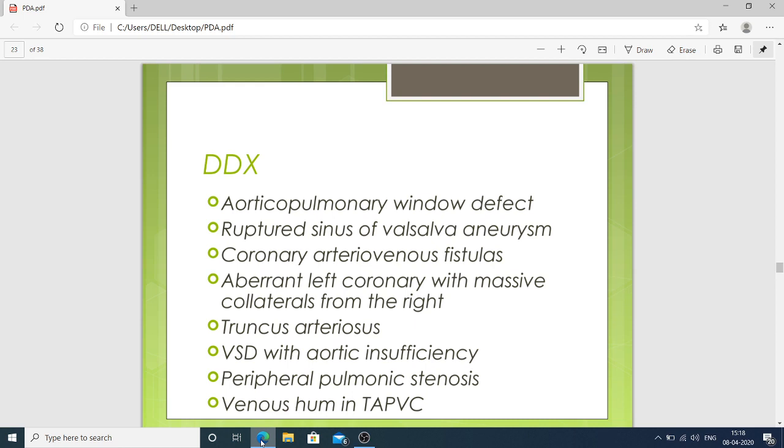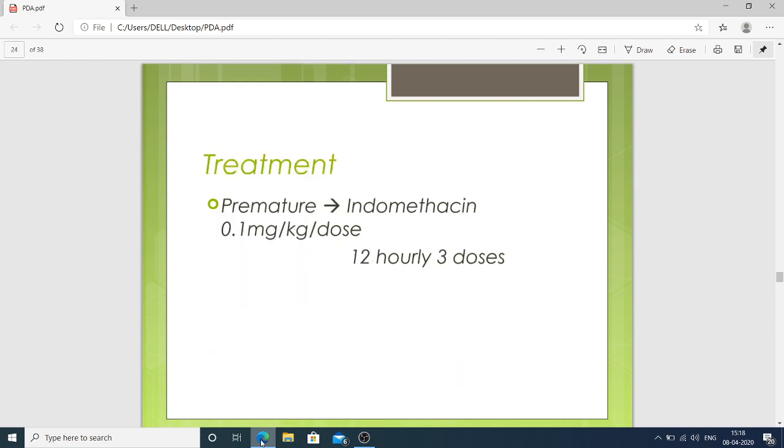Then what is in the DDX? Aorticopulmonary window defect, ruptured sinus of Valsalva aneurysm, coronary arteriovenous fistulas, these kinds of conditions. Then treatment. If the baby is premature, then indomethacin is the drug of choice.